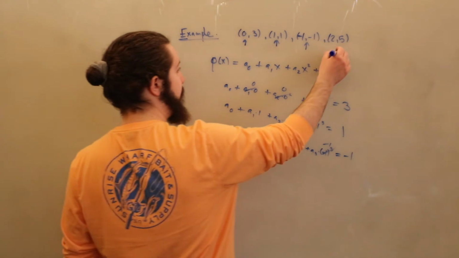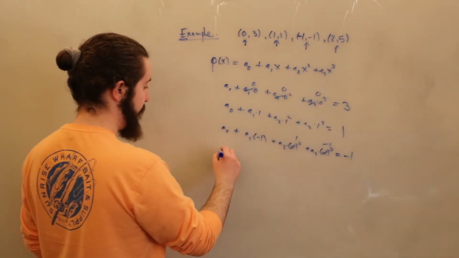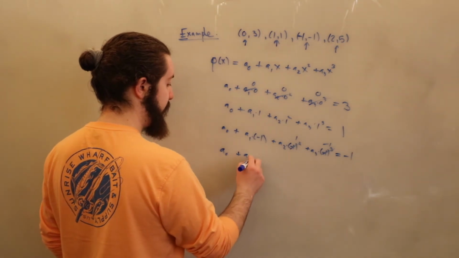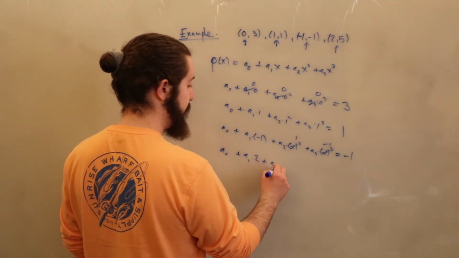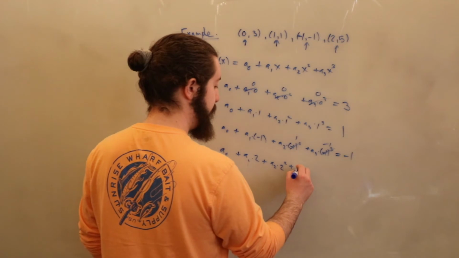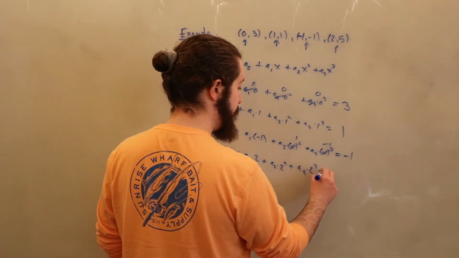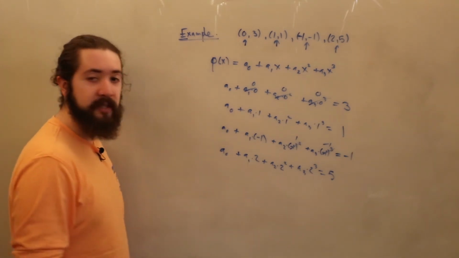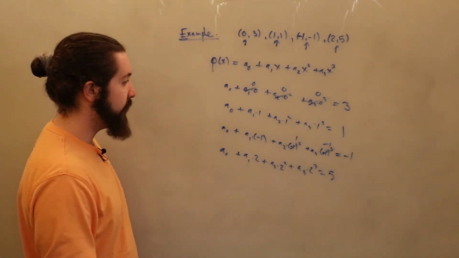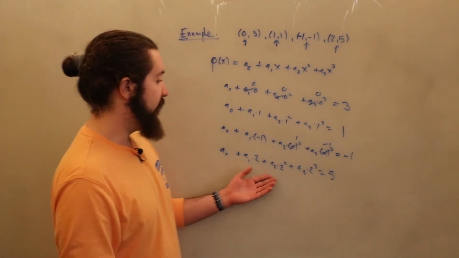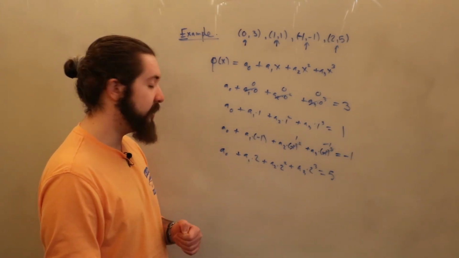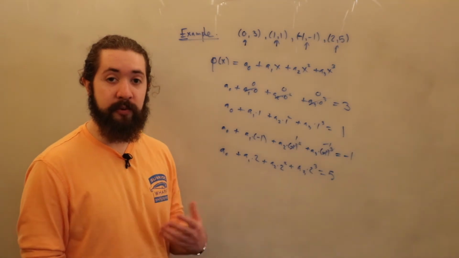And our last equation is going to come from that last point. a0 plus a1 times 2 plus a2 times 2 squared plus a3 times 2 cubed is equal to 5. So this is our system of linear equations. We could write it a little bit more neatly, and I'll rewrite it here, and then we'll put it into augmented matrix form, and we will start row reducing.